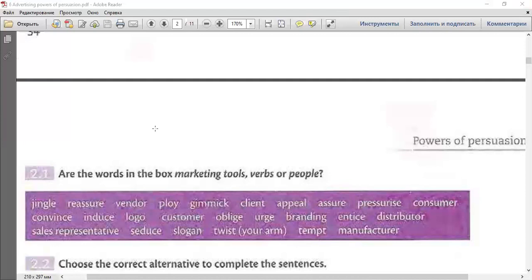Okay, so the people, that's vendor, client, consumer, customer, distributor, sales representative, and manufacturer, right?